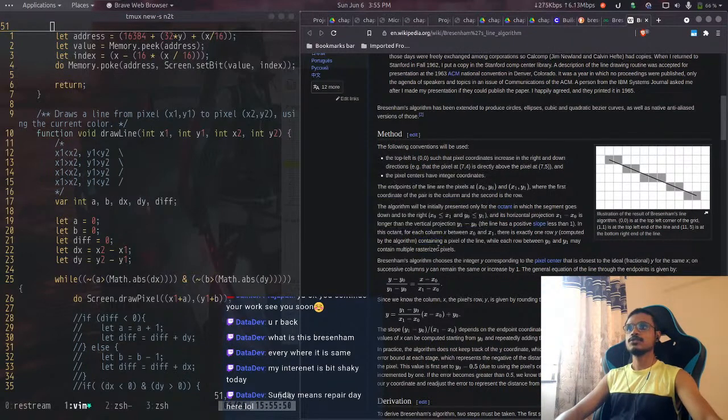For each column x between x0 and x1, there is exactly one row y computed containing a pixel of the line, while each row between y0 and y1 may contain multiple rasterized pixels.